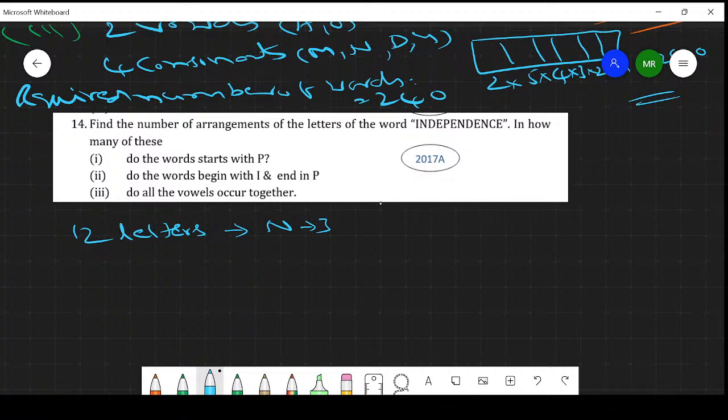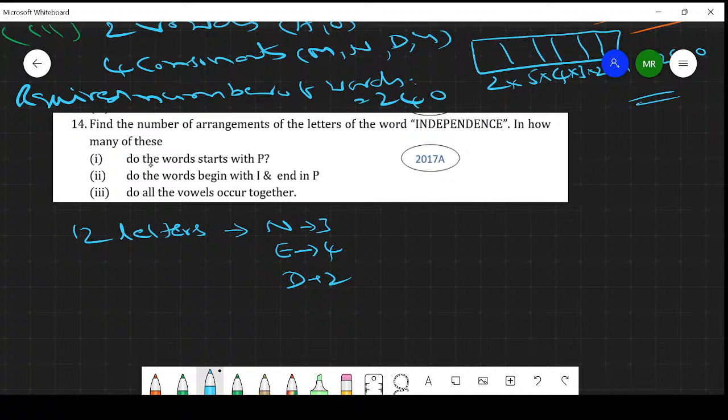E appears 4 times. And D appears 2 times. Correct? And the rest are all different.